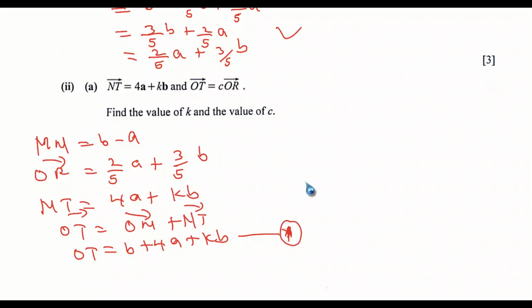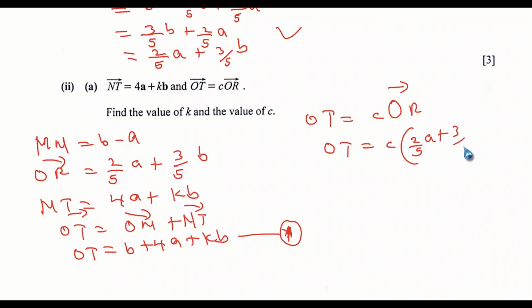But we also know that OT is equal to c OR. This was given as well. So we can say that OT is equal to c into the bracket, OR is equal to 2/5 a plus 3/5 b. Let's call this equation 2.